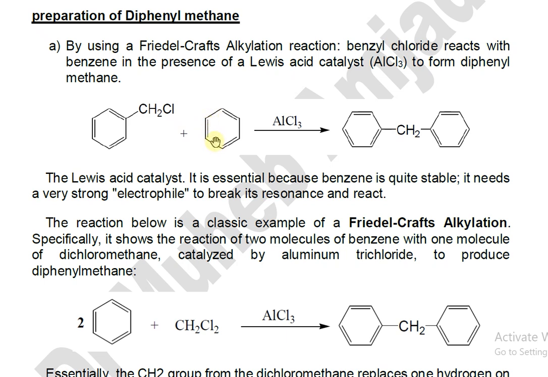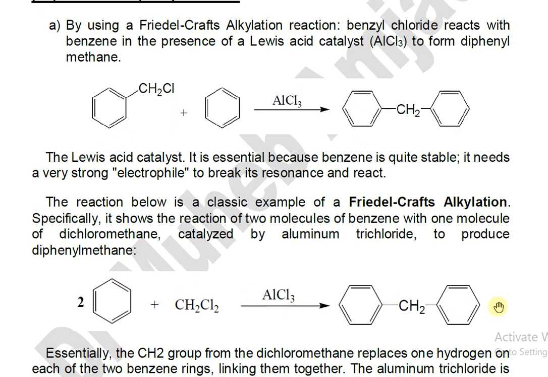Of course, the aromatic system will break down to give us the carbocation, and the carbocation is stabilized by resonance. This is the mechanism, okay? And then elimination regenerates the aromatic system again. So this is about the electrophile.